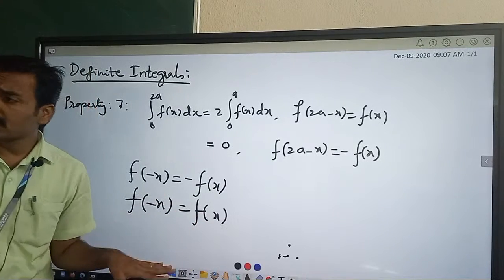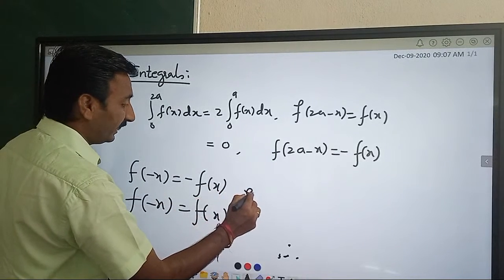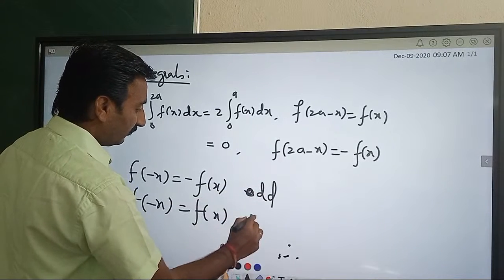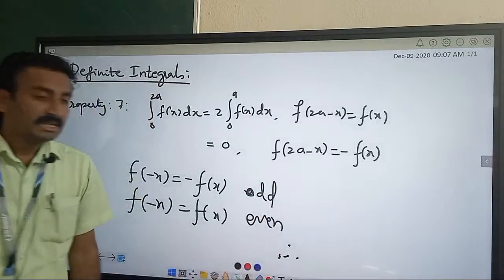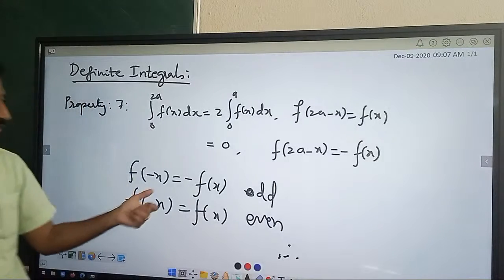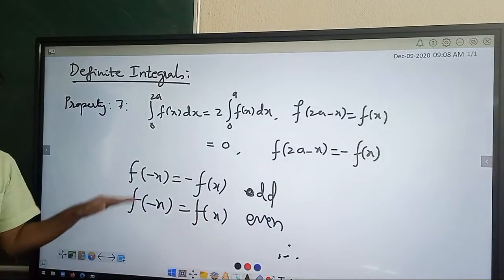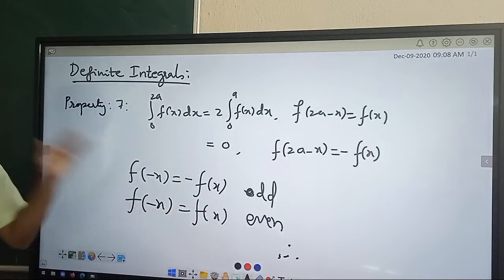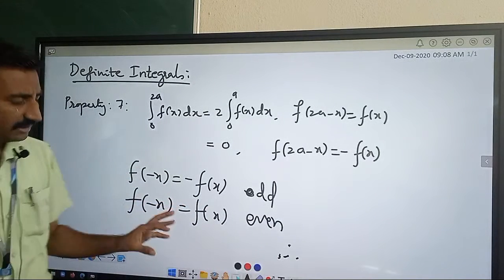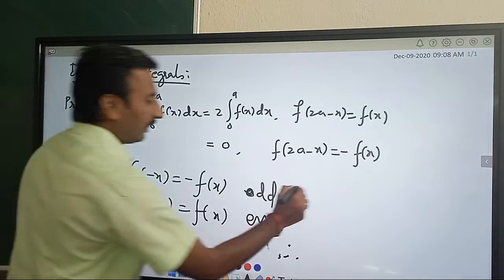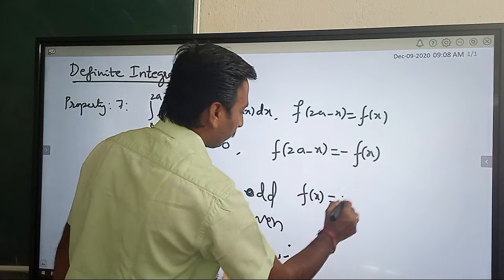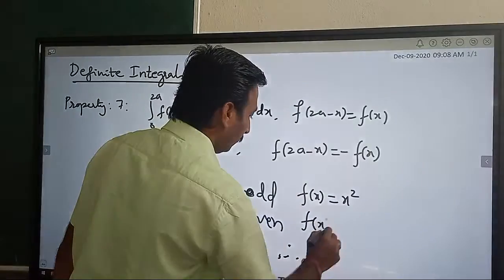See, this occurs when the function is an odd function, and when the function is an even function. Remember this very carefully. F of minus x is always minus f of x for odd, and f of minus x equal to plus f of x for even functions. What is the meaning of this? Take f of x equal to x square and f of x equal to x cube.